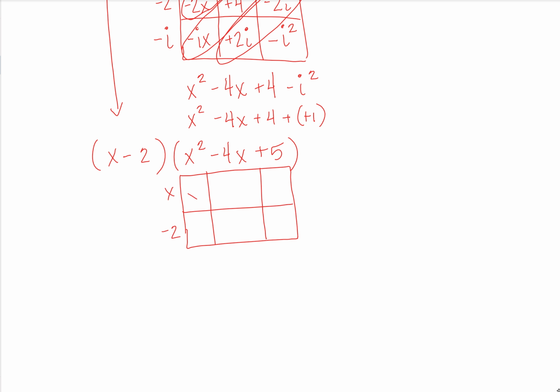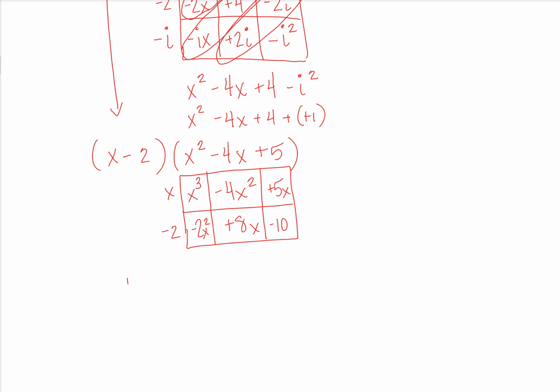All right, so I get x cubed, negative 4x squared, and a 5x. Let's see, I get a negative 2x squared. I get a positive 8x, and then negative 2 and positive 5, negative 10.